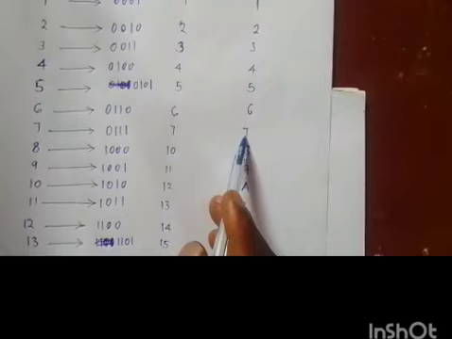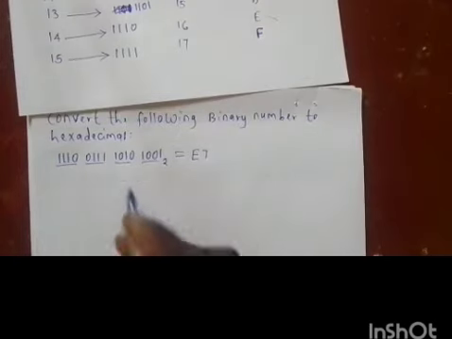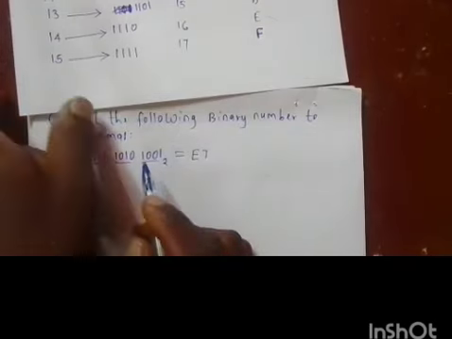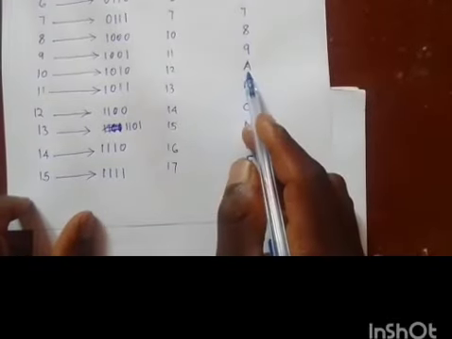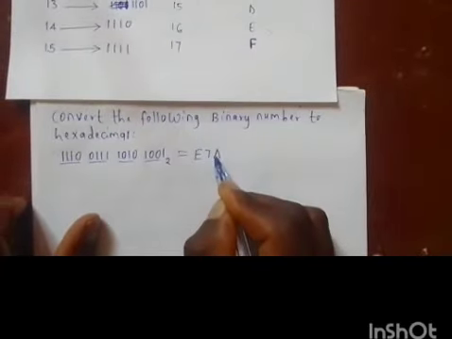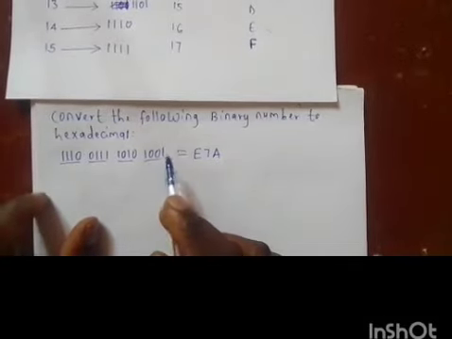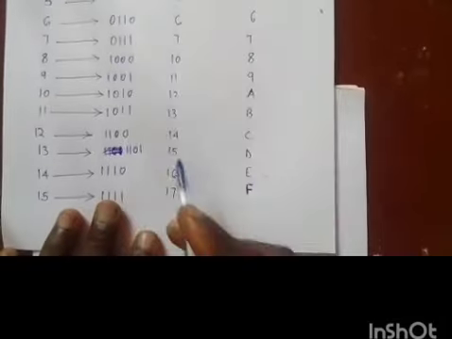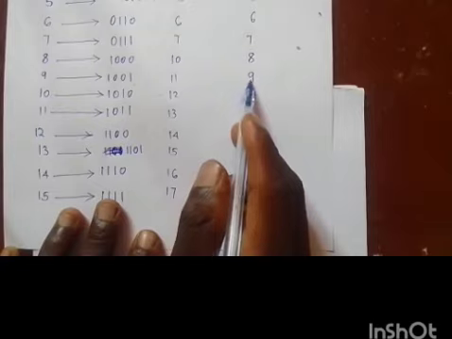So and 1010 is 10, which is represented by A. So we write, and 1001 is 9, so it is 9. So we write it as 9, then 60.